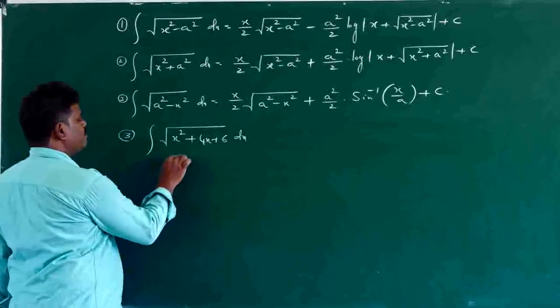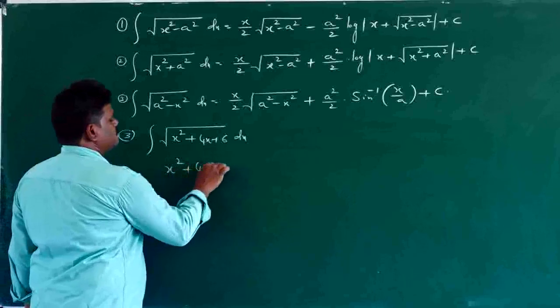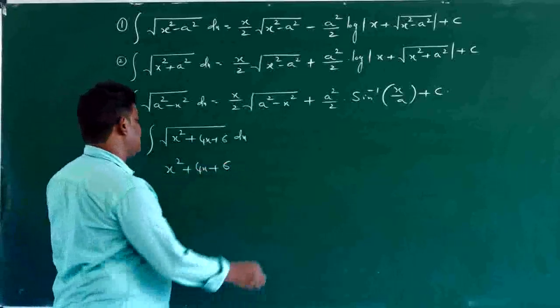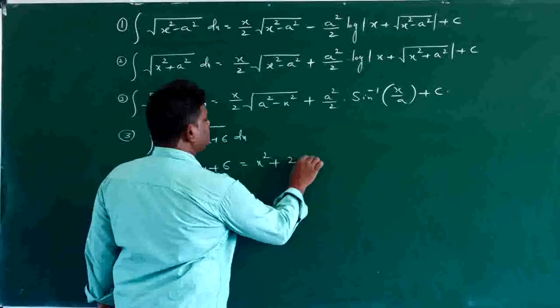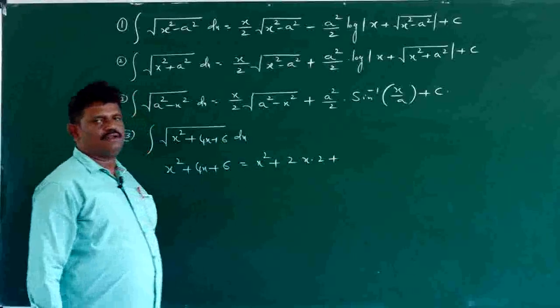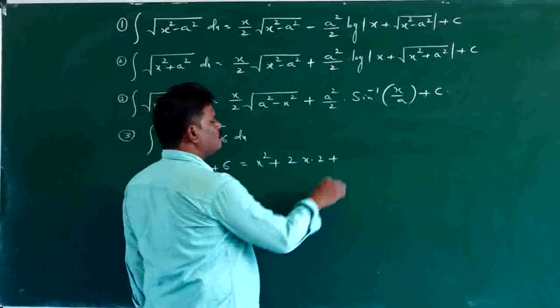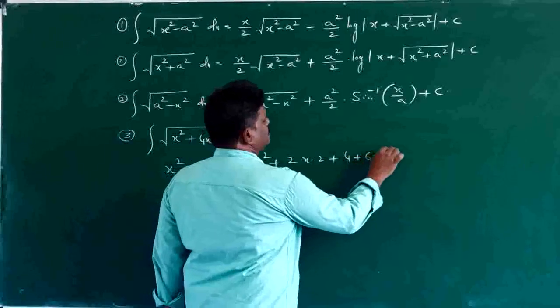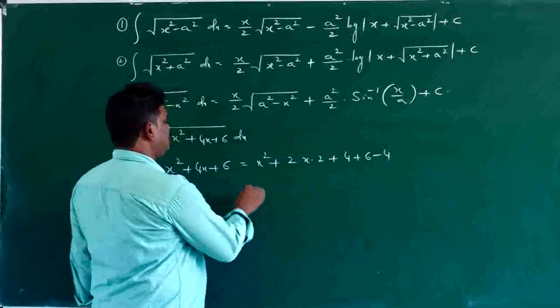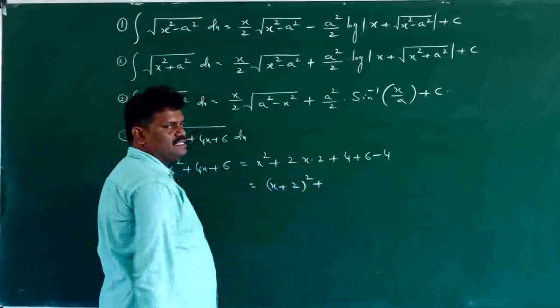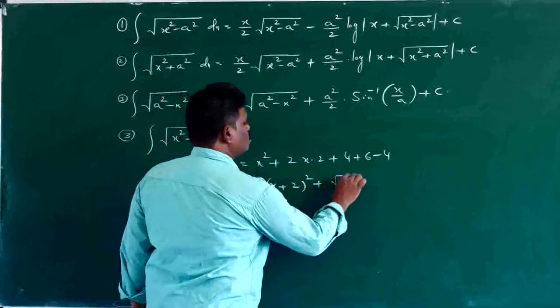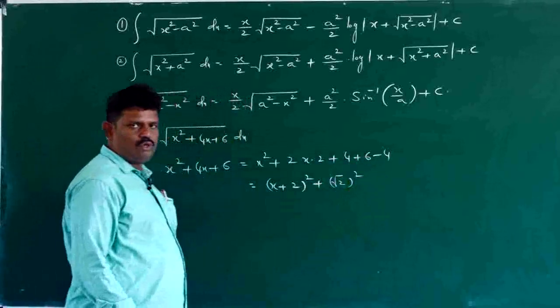First we simplify: x square plus 2 into x into 2, which is 4x. The extra term is 4, so we write 4 plus 6 minus 4. The first three terms give (x plus 2) whole square, and 6 minus 4 is 2, so it is (root 2) whole square.